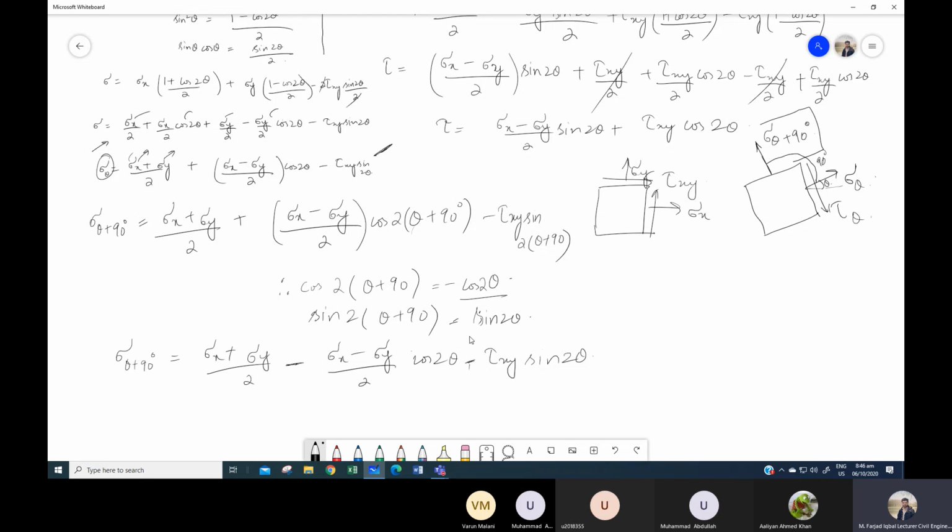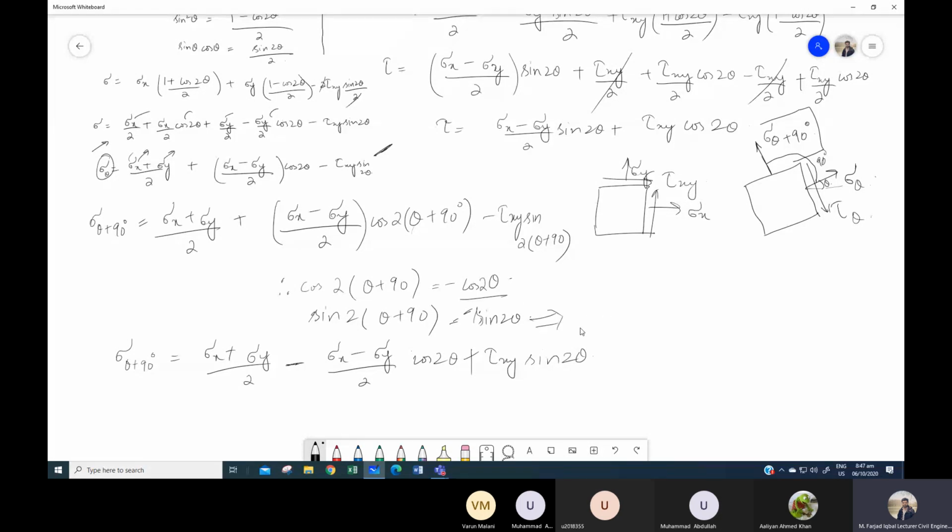But I will confirm this one. There is some issue in this one. No, there is a negative sign. I have just confirmed from the calculator. You can just substitute some values into this equation.